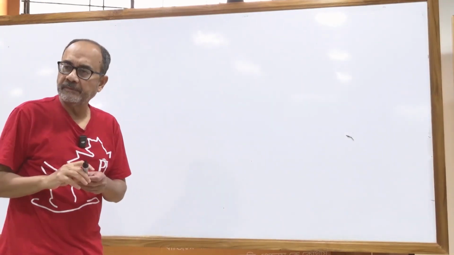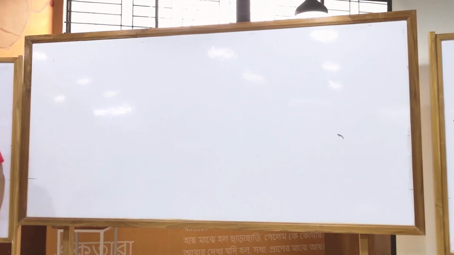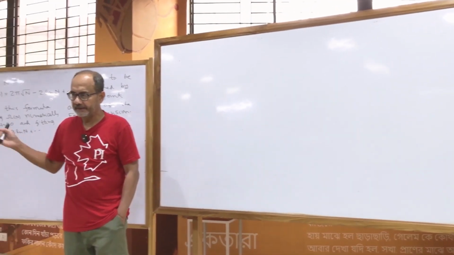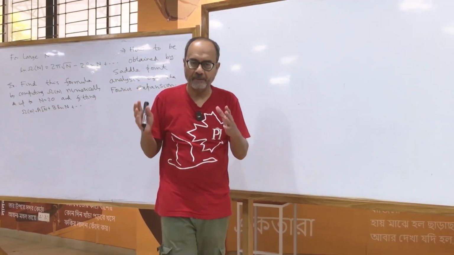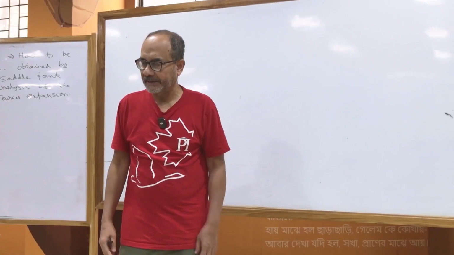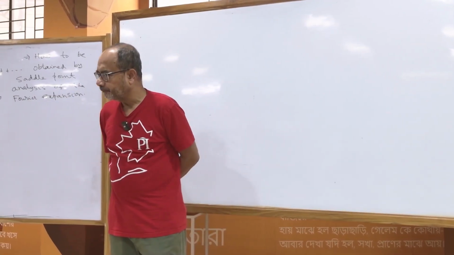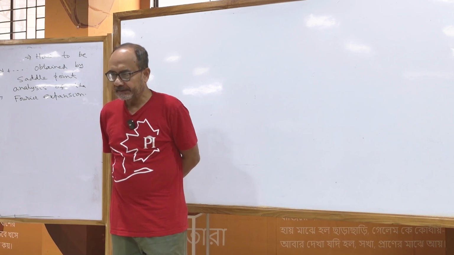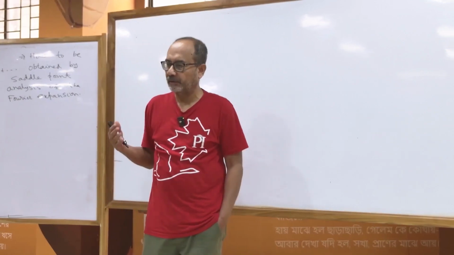So you recall that for the Reissner-Nordstrom solution, I wrote down the solution, but I didn't derive it. You can derive it. You can put in the Einstein's equation and Maxwell's equation, and check that it does satisfy them. But the derivation is complicated because you have to integrate a second order differential equation.